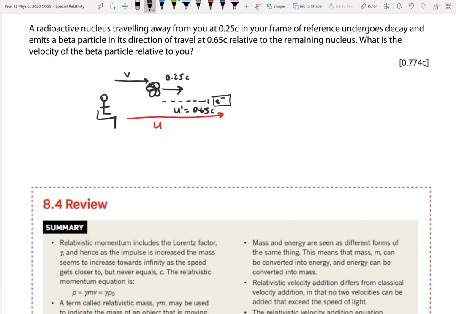U prime is always given to the object that was observed from V, that was observed from him. So in the text it says, relative to the remaining nucleus. That tells us U prime, not U.